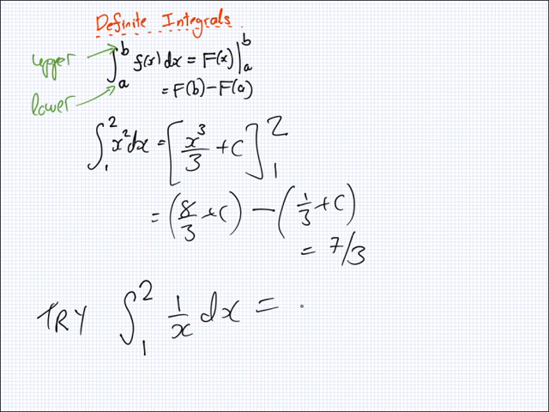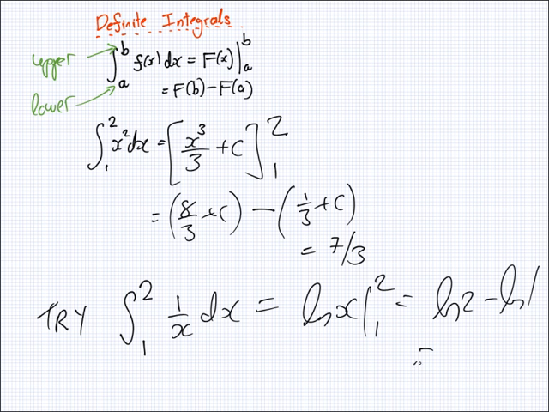So this integrates to log x. So it's log 2 minus log 1, which is log 2, which is 0.69 something. Okay? Now, although this one is quite simple, there is a slight alteration I can make to this question for the exam, and it sometimes catches people out.